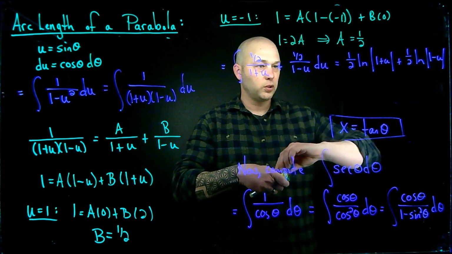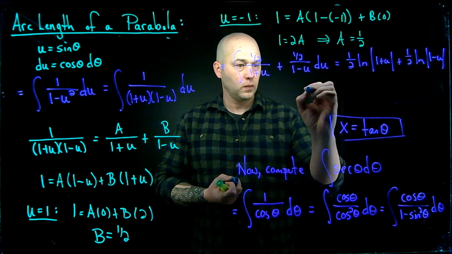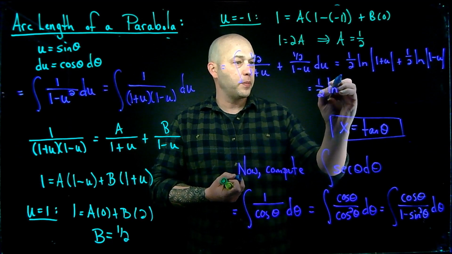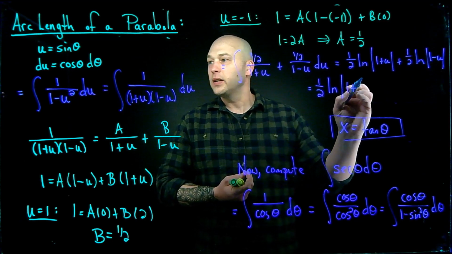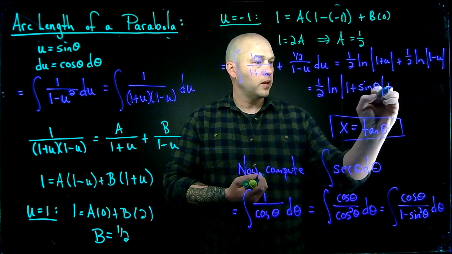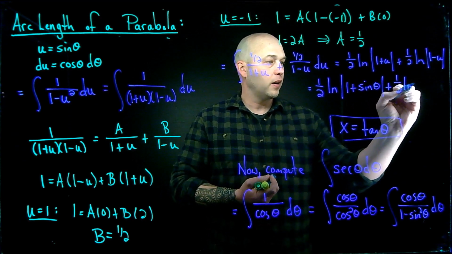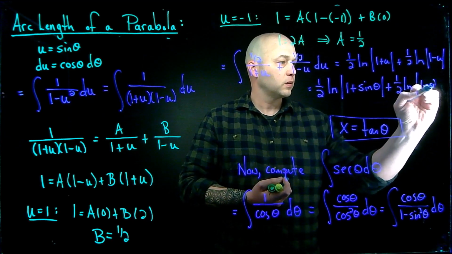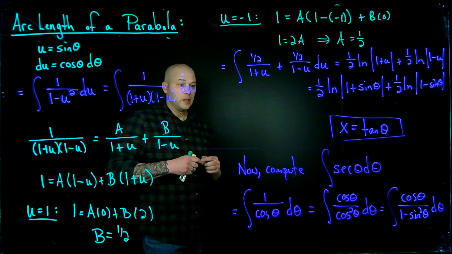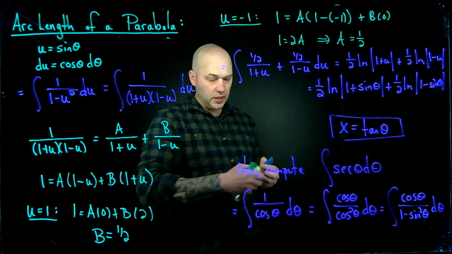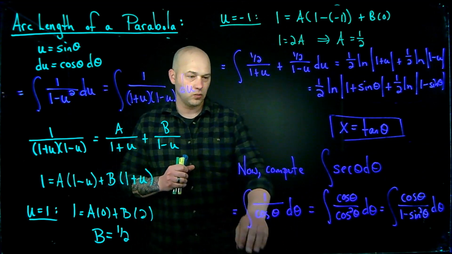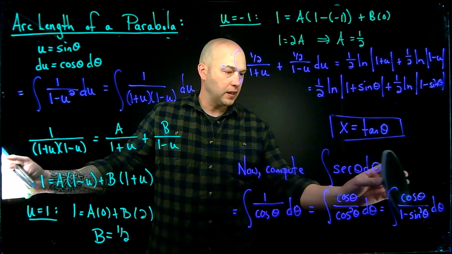So this is equal to 1/2 natural log of the absolute value of 1 plus sine of theta plus 1/2 natural log of the absolute value of 1 minus sine theta. All right. Now remember, this was the integral of secant of theta, and that was only part of my overall theta antiderivative. So let's put all this together then.